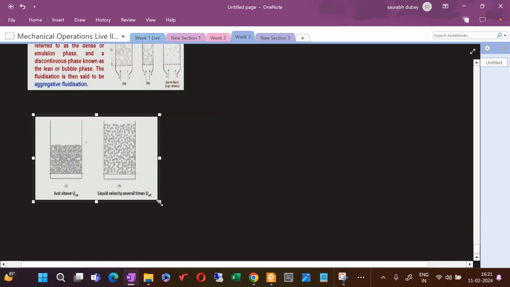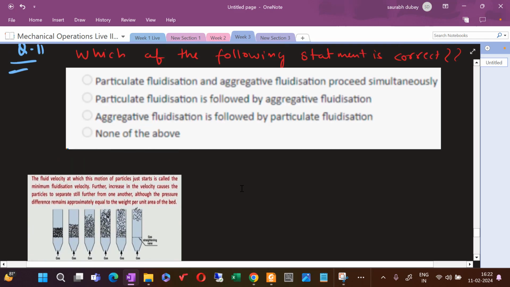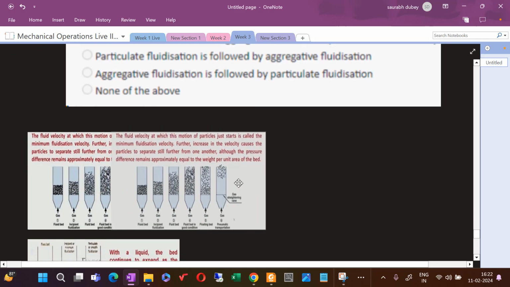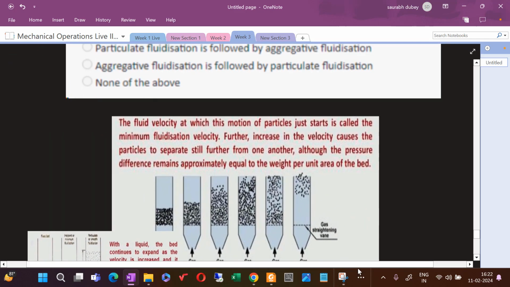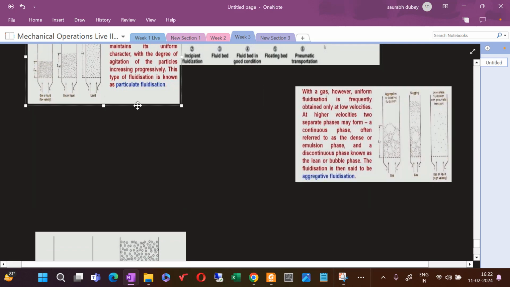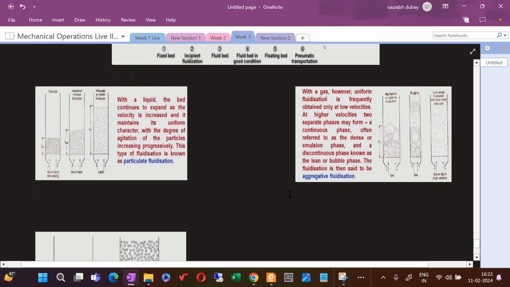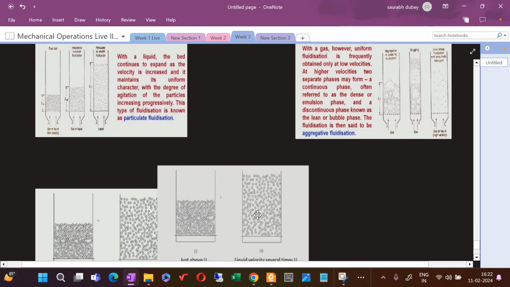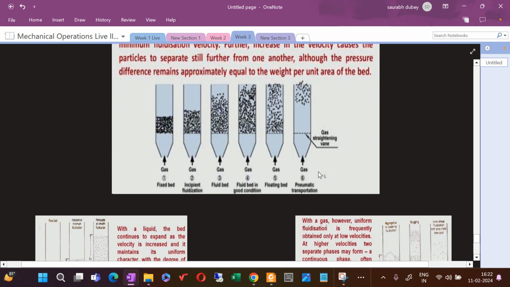Okay, so this is the situation that is actually taking place. So let's make it big and keep it here. This is the situation: you are increasing the gas velocity, and then these things are happening.